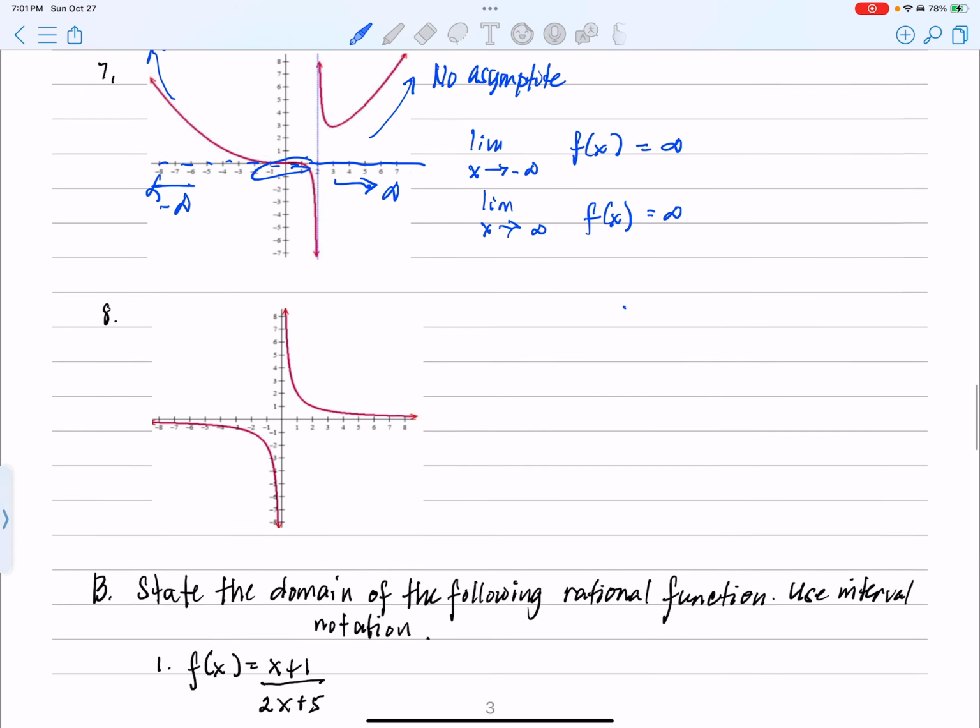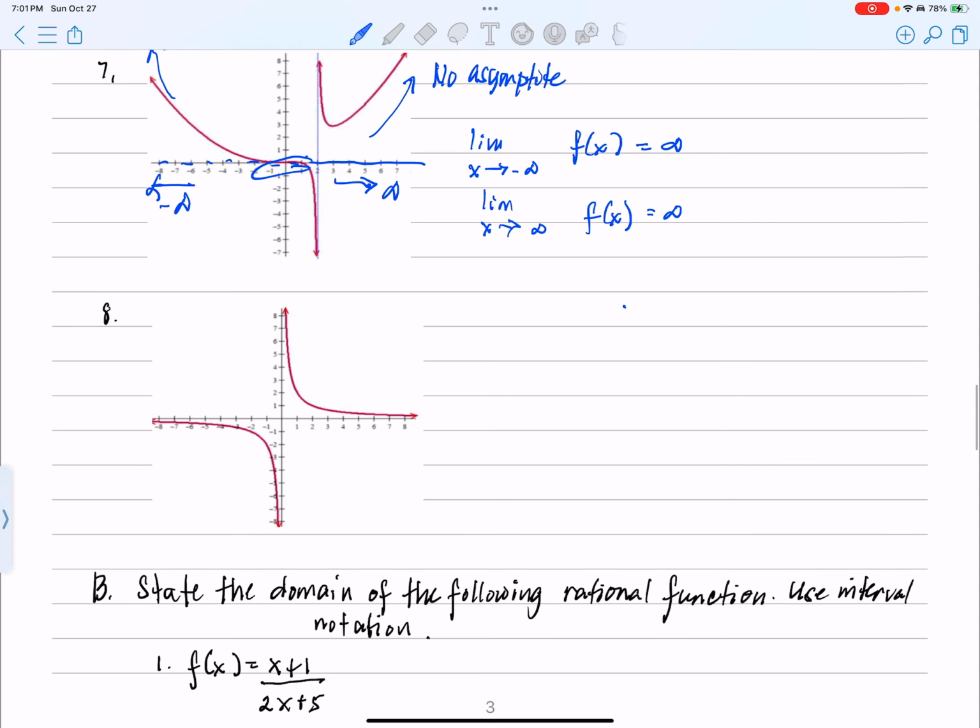Let's look at number 8. We have an asymptote there when y equals 0. That is the horizontal asymptote.